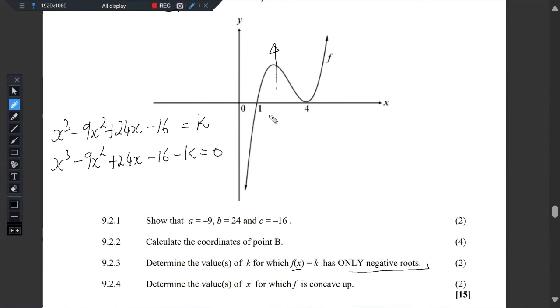So if we keep on pushing it up, we will get to a point whereby the y-intercept here is 0, and then your graph will be looking something like this. Remember, originally its intercept is at negative 16. So if you are pushing it upward 16 units, then it lands at 0.